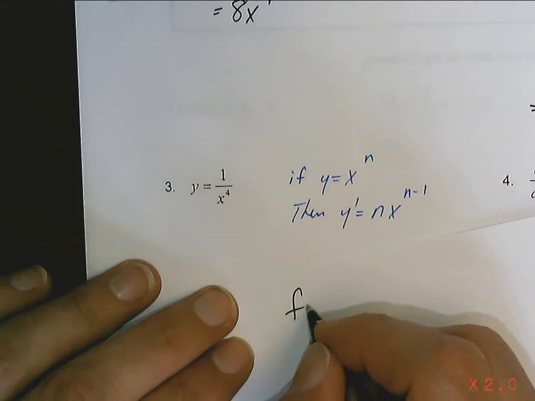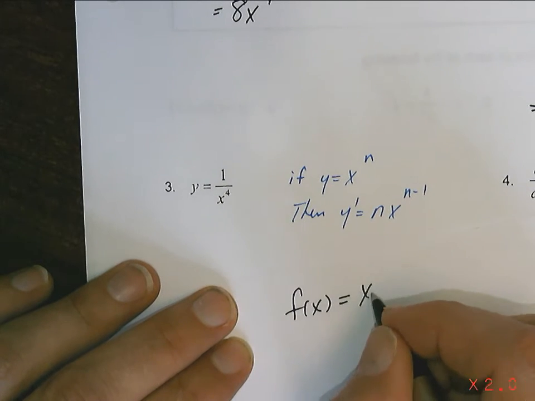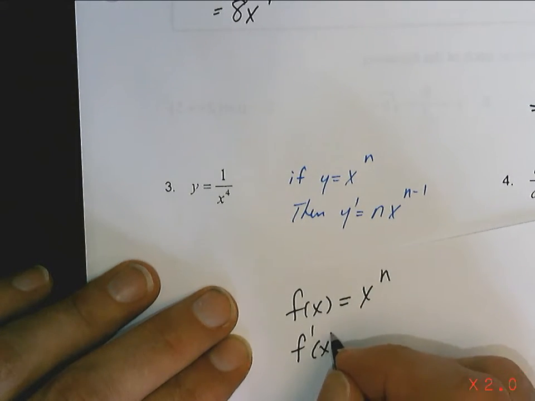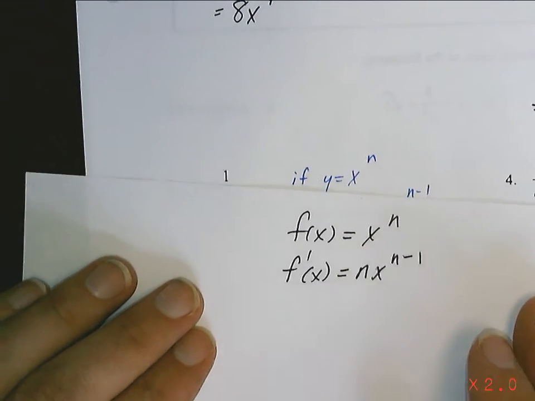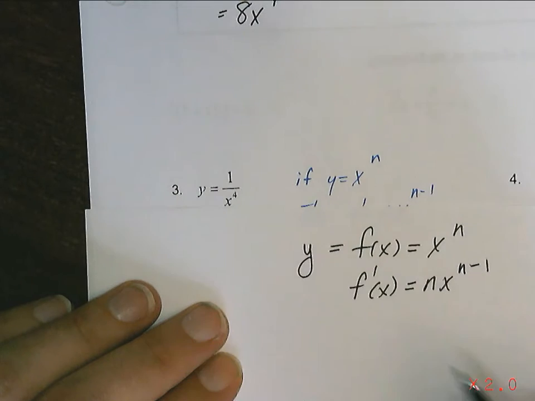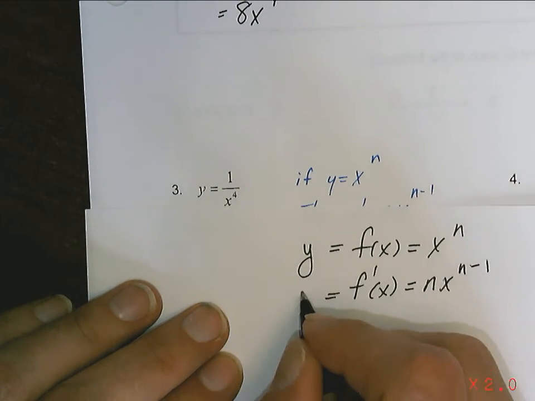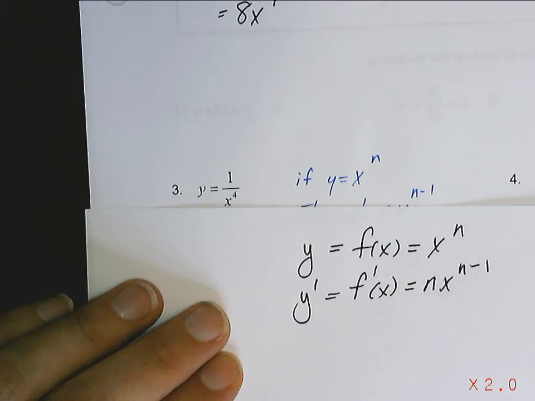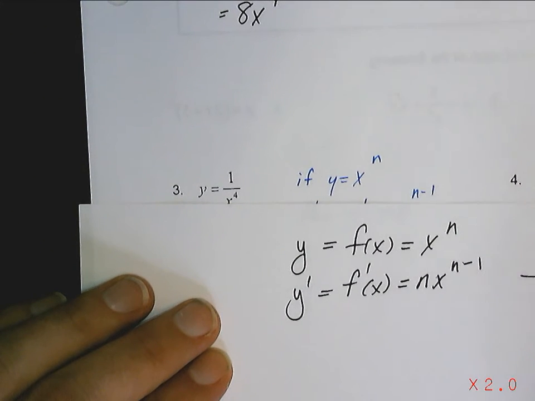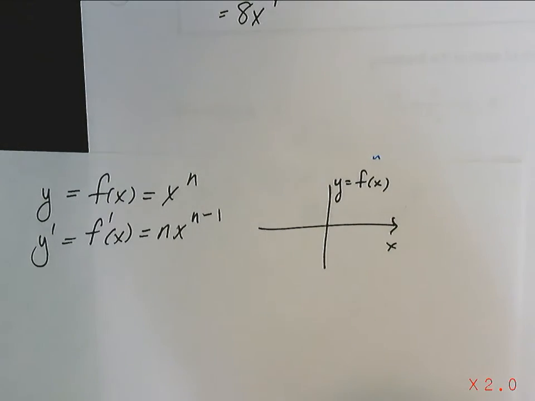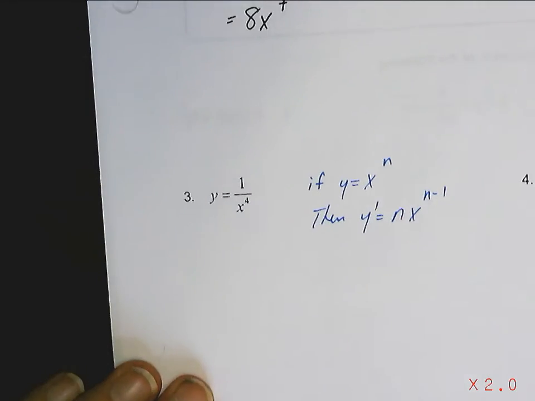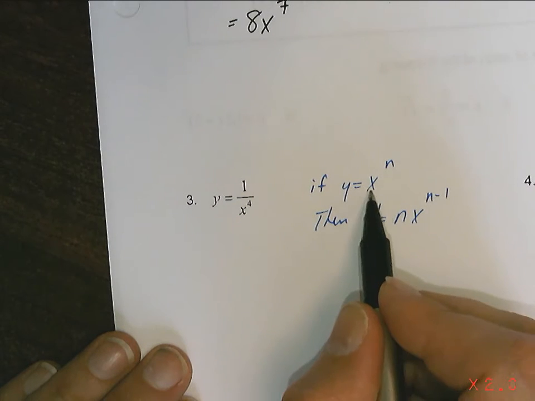If I'm going to say f of x equals x to the n, f prime of x equals nx to the n minus 1, can you see how it's very similar to just call that y, and so that would just be y prime? It's very similar to when we had x here, we had y here, and then we made it f of x. Again, this does not look like that.